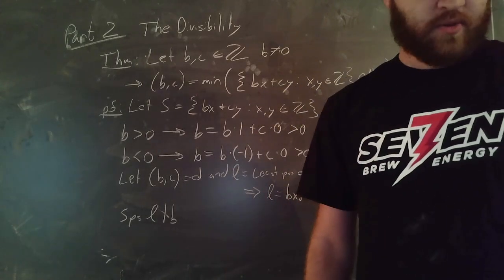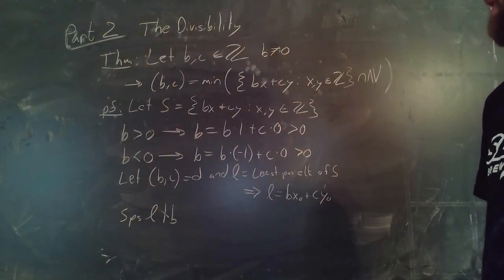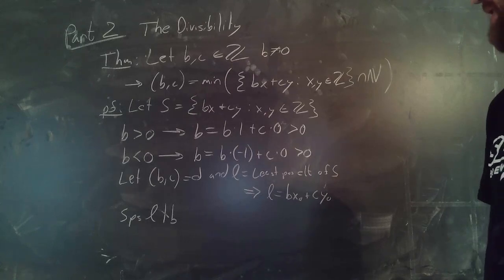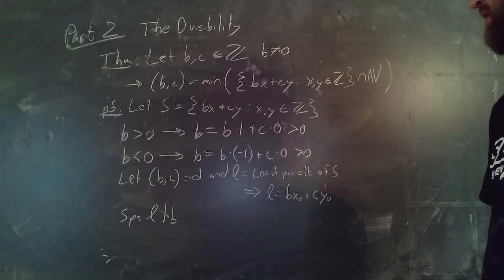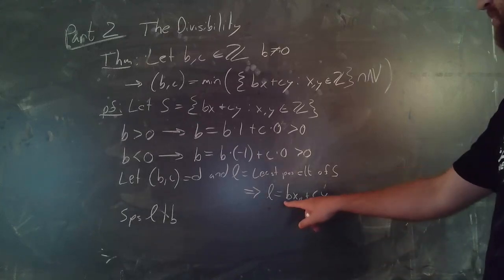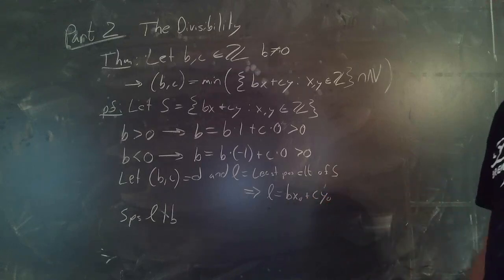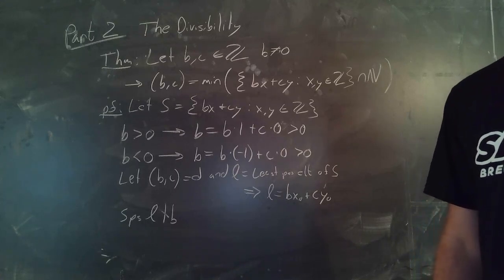So in the next part of this proof, we're going to show that the minimum element of this particular set is the greatest common divisor of b and c. And to do that, we're going to say that the greatest common divisor of b and c is equal to d, and then we're going to suppose that we had some minimal element, which we'll call L, the smallest positive element of S. That means that L can be expressed as bx0 plus cy0, and x0 and y0 here, again, must be integers.